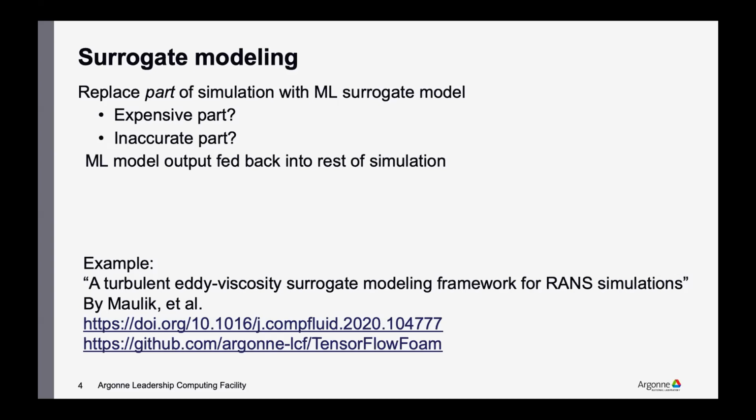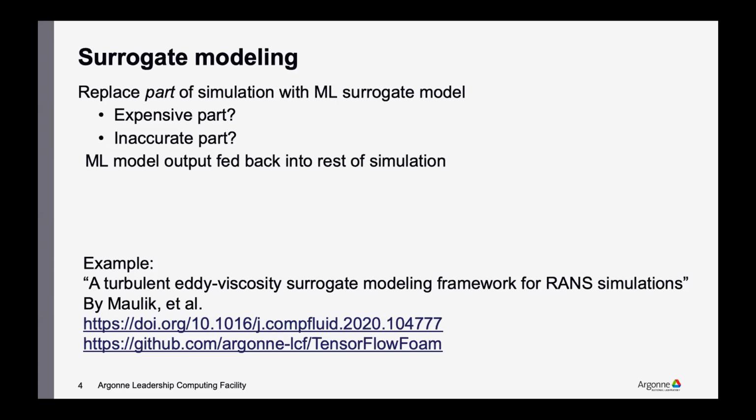And in this code, Romit was able to couple OpenFOAM, which is a C++ solver, with TensorFlow by using the TensorFlow C API. So we don't go into Python here.